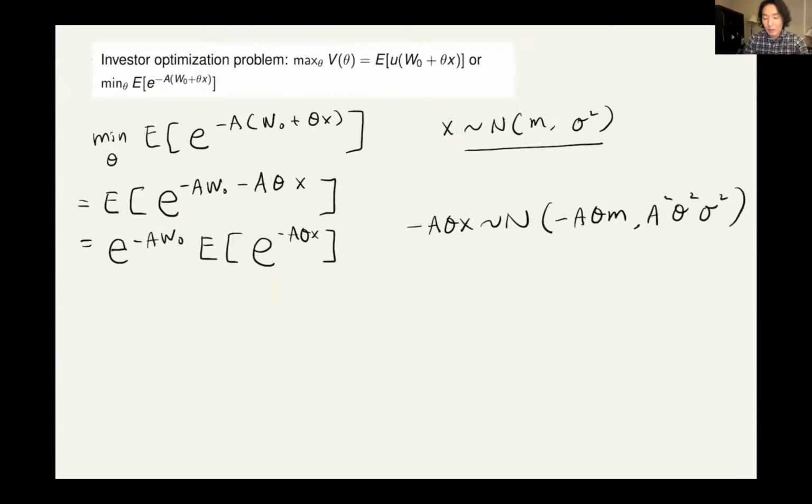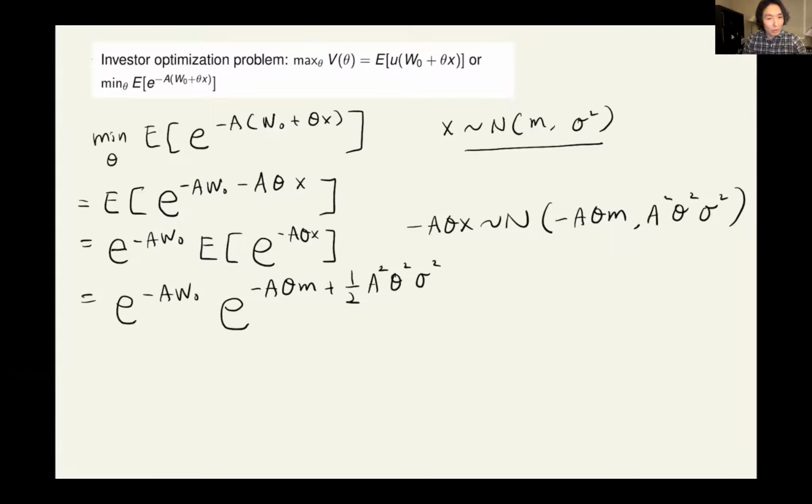Okay. 자, 이렇게 되겠죠? 네? 이렇게 됩니다. 자, 그러면 we can calculate this. E, the average is minus A theta M plus a half times A squared theta squared sigma squared. Okay.